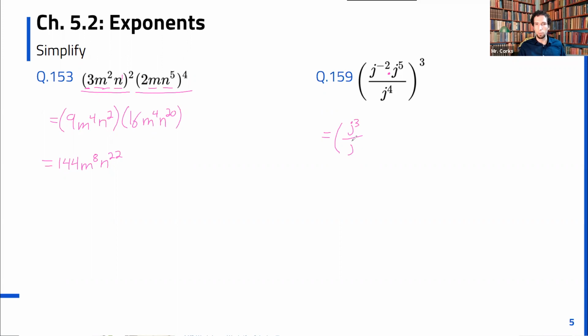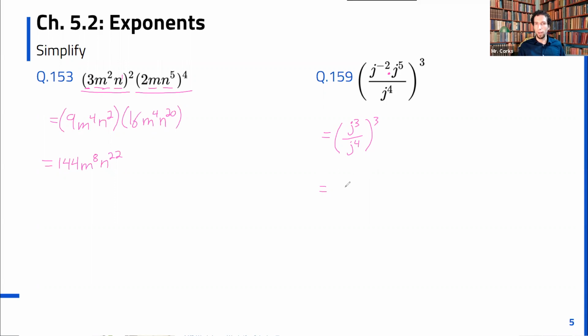And then on the bottom, j exponent 4, and all that's cubed. What's the next thing we do? Simplify the expression. Yes, that's the whole thing. Which part of the expression? In the brackets.